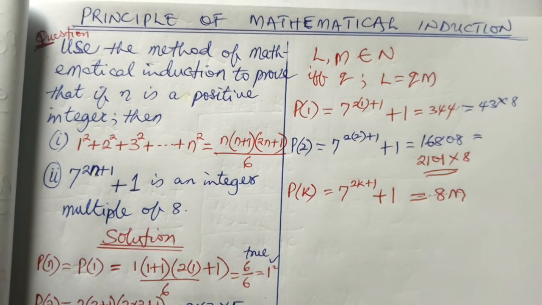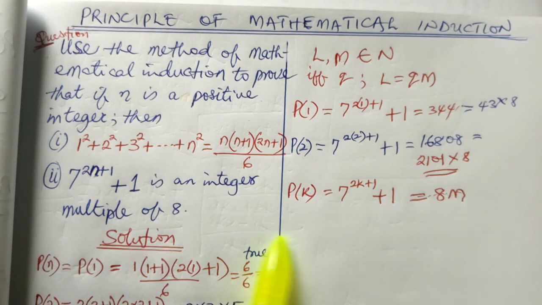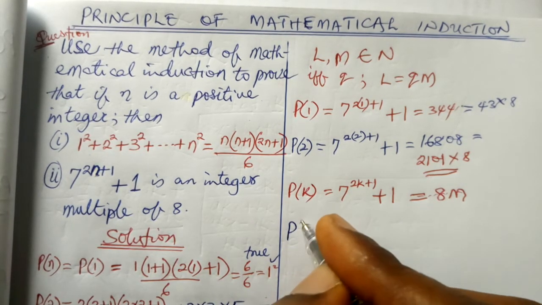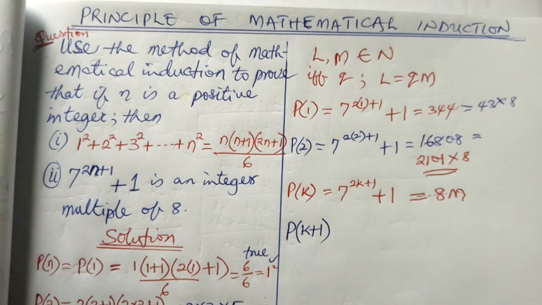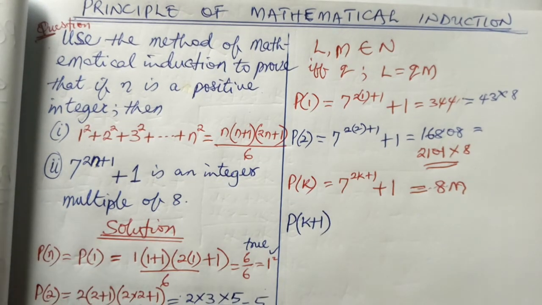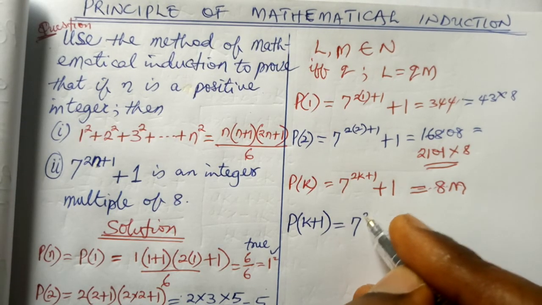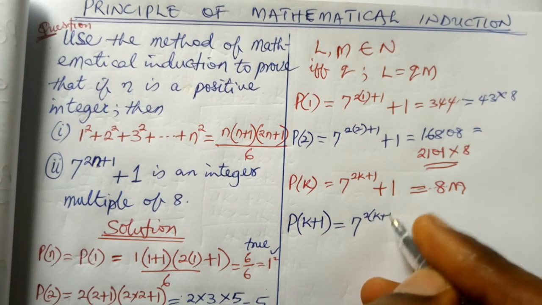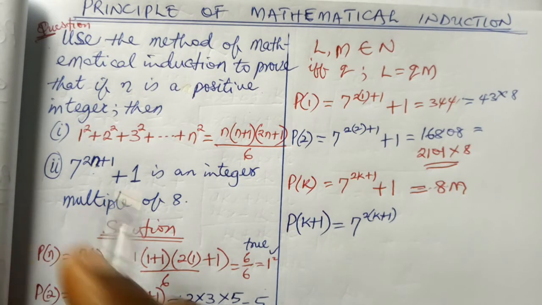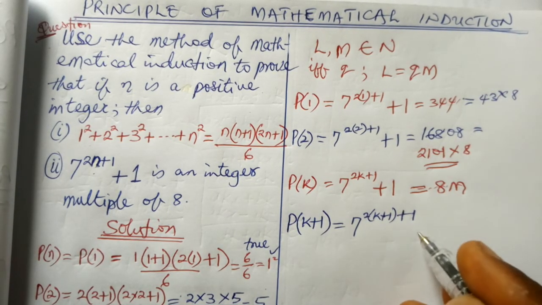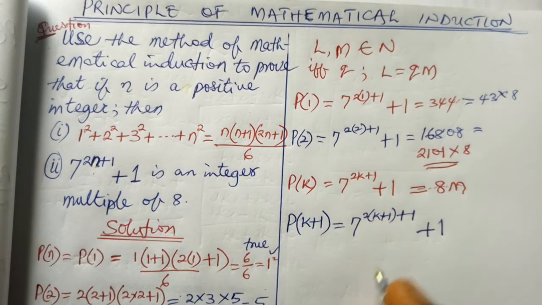So we now want to do for P of k plus 1. Anywhere we see n, we put k plus 1, plus 1, plus 1.